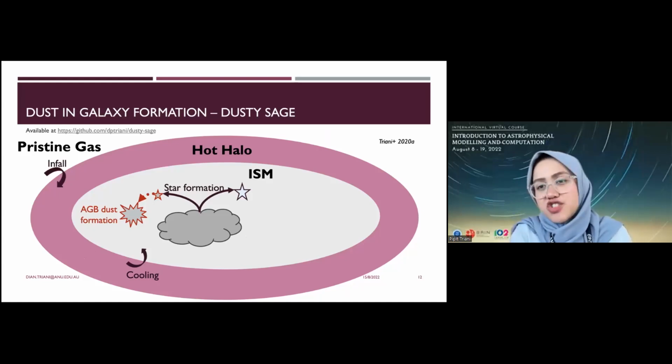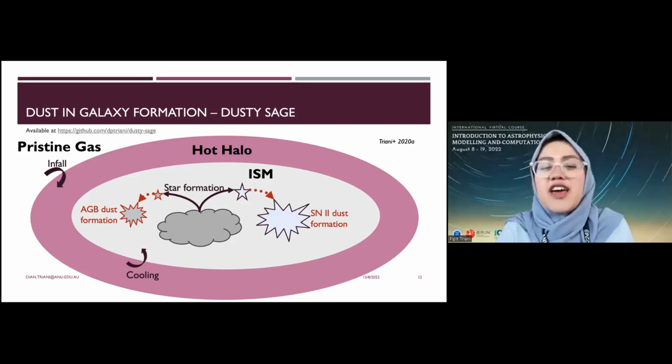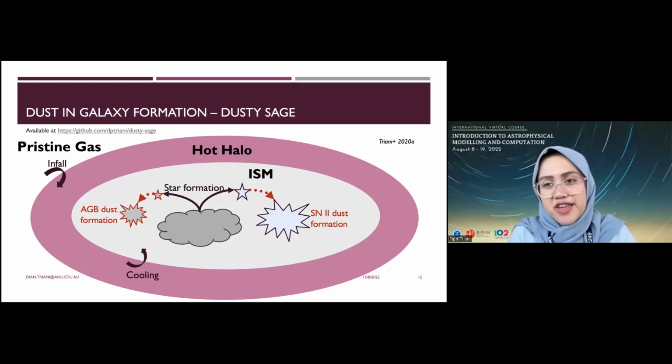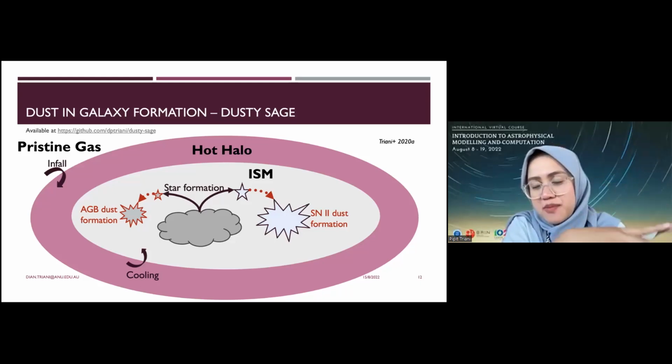For example, smaller stars end up only after they reach the AGB, the asymptotic giant branch. These stars expel all of the heavier elements that were formed and pollute the ISM in the AGB phase. While, for example, massive stars can end up as type II supernovae, or binary stars can end up as type Ia supernovae, and the supernovae explode and pollute the ISM with the metals that were formed in the core.